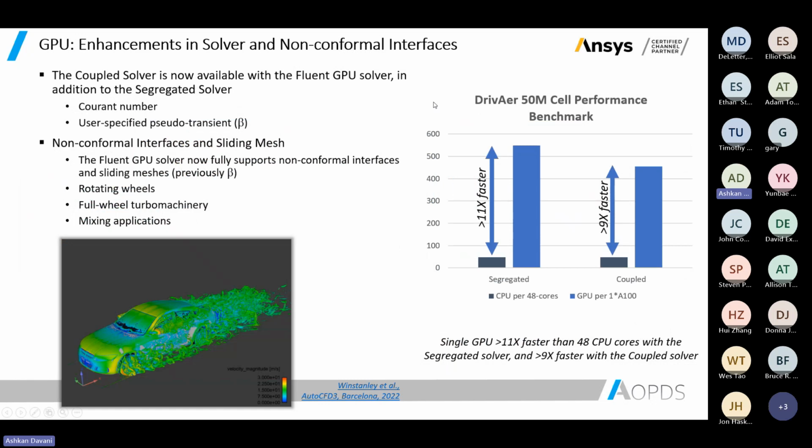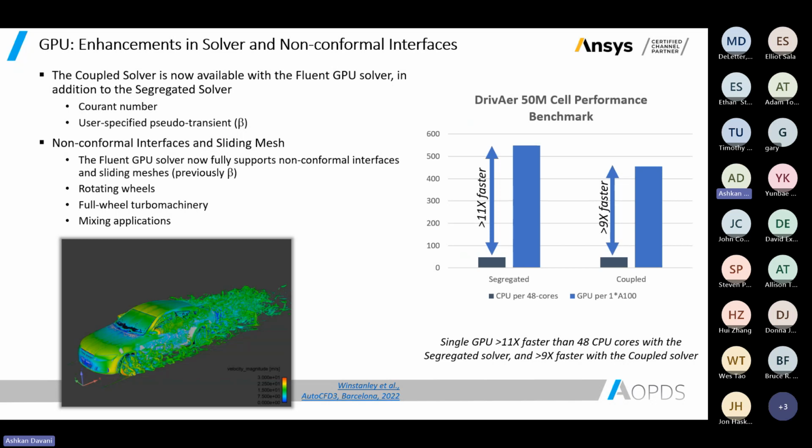All right, we'll start with the GPU, and there has been continuous development to enhance the GPU capabilities in Ansys Fluent. Now, 2024 R1 supports both the coupled solver and the segregated solver. You can change the Courant number yourself. You can also specify your pseudo-transient number if you will.